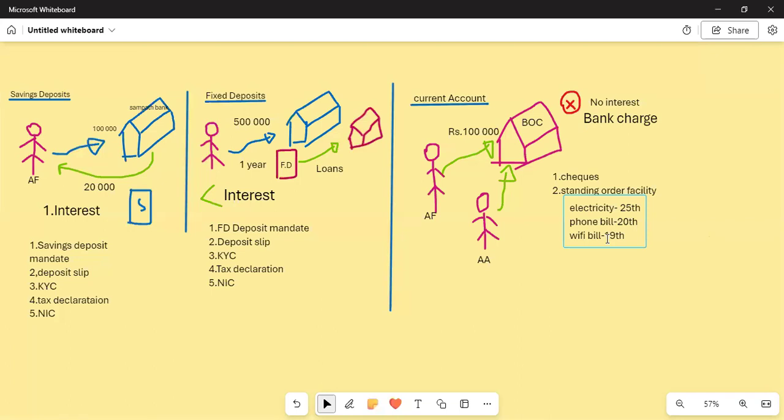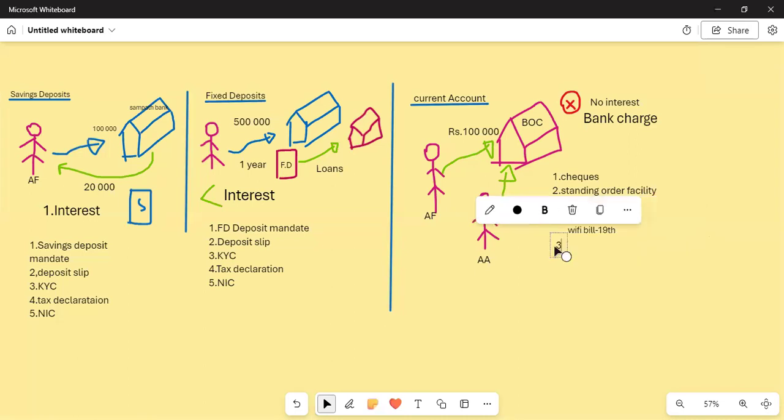Therefore, the bank will automatically deduct the money from my current account and pay my bills. That is a service provided by the commercial bank to me in order to make my business easier.